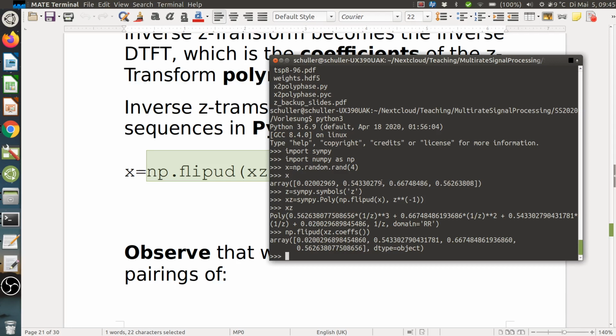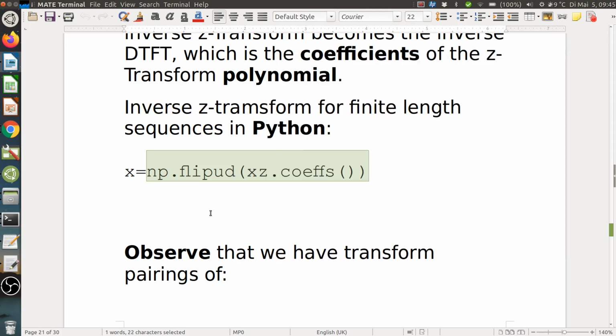Then here the second coefficient, and you can see they are exactly identical. So that shows that this really works as the inverse Z transform. So for finite sequences, this in Python gives us the inverse Z transform. Convenient, right? So now we can even do inverse Z transform in Python.